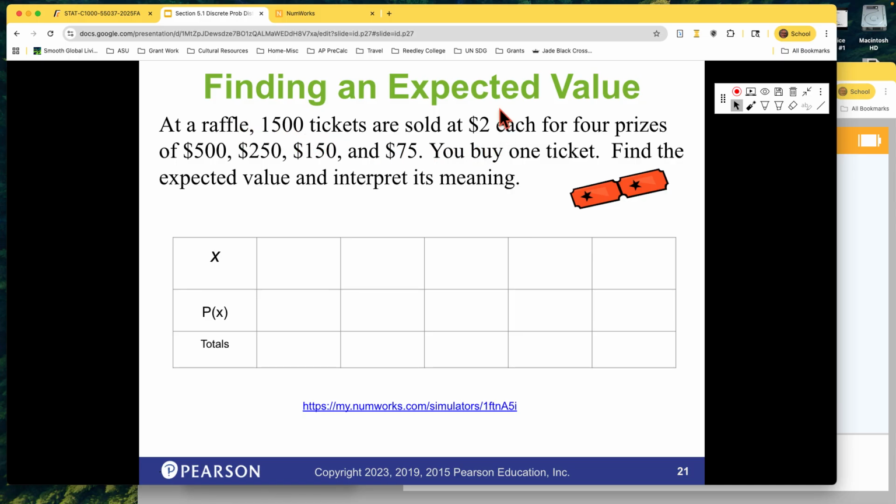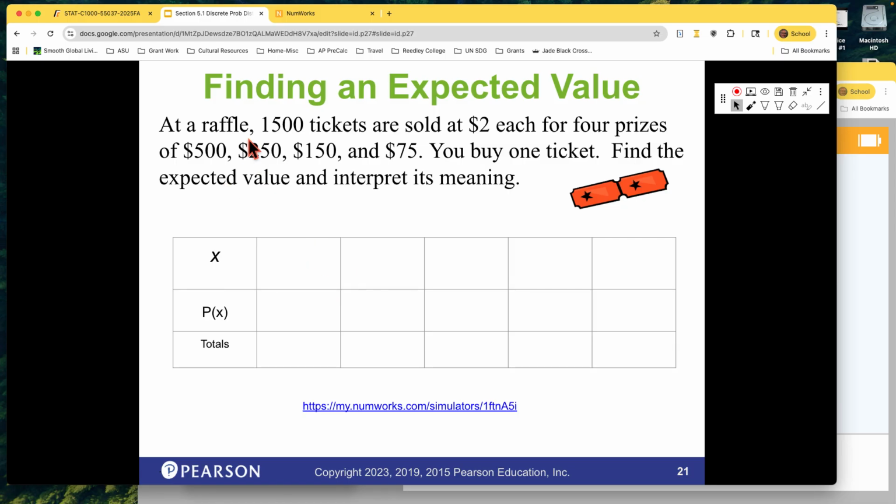1,500. Everybody walks through the door and buys a ticket. What have you just done? You've lost $2, haven't you? Or you've paid $2. It's usually for a good cause, so you're okay with that. But everybody loses $2. So even the winner who won 500 didn't really win 500, because they lost $2 when they bought the ticket.